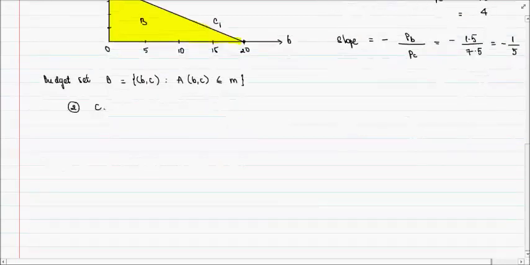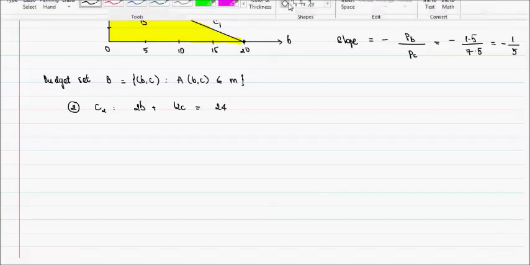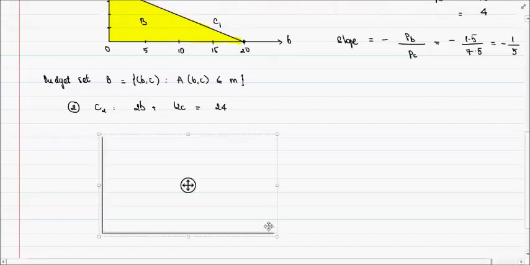The second case is where the constraint is 2B plus 12C equal to 24. We're going to do a very similar thing. We also got C on the vertical, B on the horizontal again.